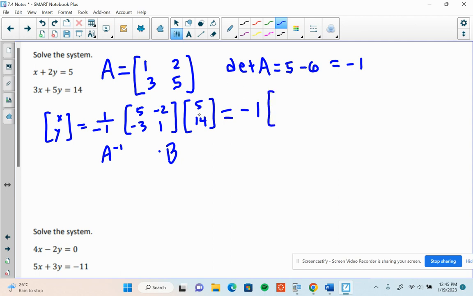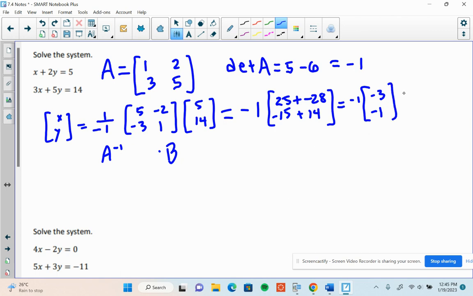5 times 5 is 25. And I have 25 plus negative 28. And then I have negative 3 times 5, which is negative 15, plus 14. And then we'll distribute the negative 1. So I have negative 1 times negative 3 that I'm going to have to do.